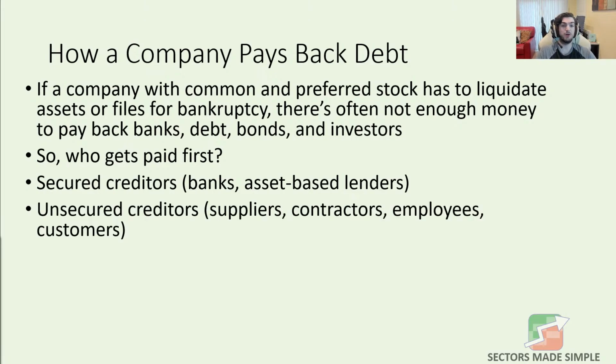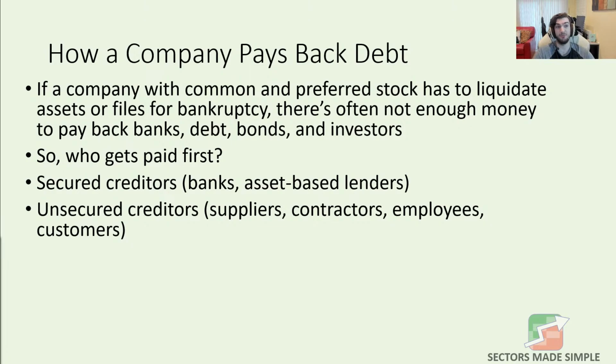Then we go to the unsecured creditors. These are people who still lose money if the company can't pay them. It's suppliers, people they owed money for materials or inventory, contractors, and employees that they haven't paid wages to.